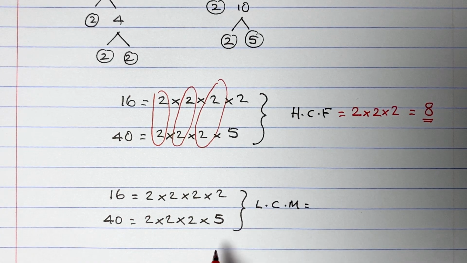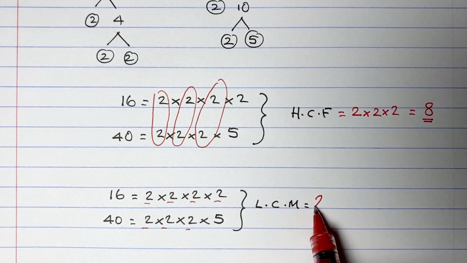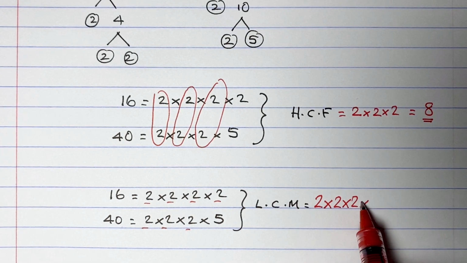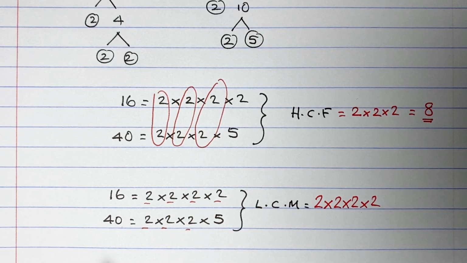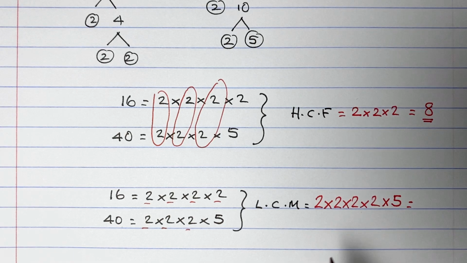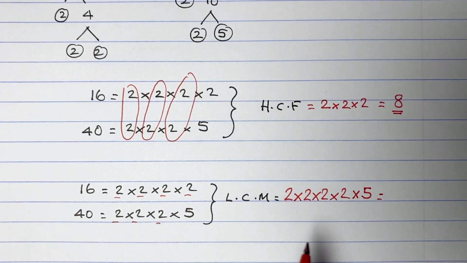Which line offers more 2s? Top line offers four 2s, the bottom one offers three 2s. So I take the maximum number of 2s that a line offers me. That would be four lots of 2s here. 5, no 5 here, one 5 here. So the maximum number of 5s is just 1. So the LCM would be 5 times 2, 10, 20, 40, 80.